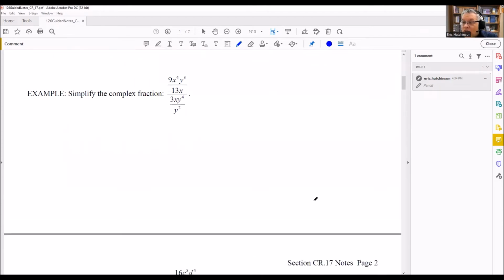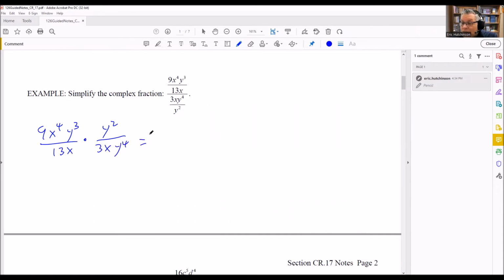Okay, so next we've got the top fraction. We'll write it out the way it is, 9x to the 4th, y to the 3rd over 13x. We're going to multiply it by the reciprocal of the bottom fraction. So we're going to have y squared and then 3xy to the 4th. Let's multiply across the top, across the bottom.